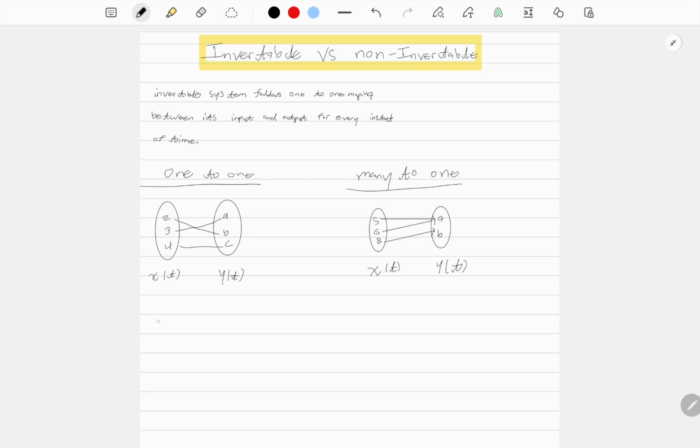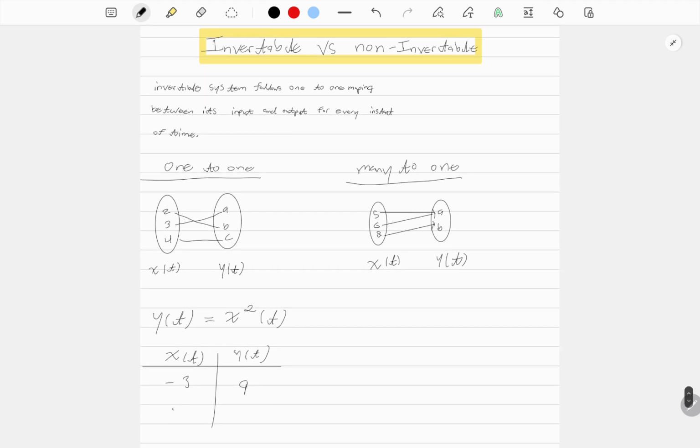So just to go over an example, let's do a basic one. Let's say you have y of t is equal to x squared of t. So we'll have to do a chart: x of t and y of t. And let's say we plug in -3. Well, after plugging in -3 to x squared of t, we'll get 9. Okay?